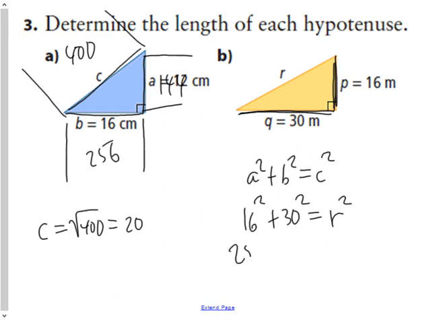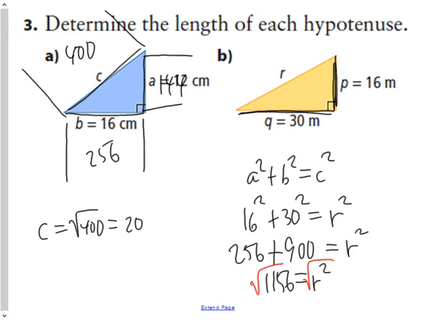16 squared is 256. Now, some people think that 30 squared is a hard one to do, but it's not. Just do 3 squared, which is 9, and double the number of zeros. So there's 1 zero, so I'm going to double it to make it 900. Equals r squared, 9 squared. 1156 equals r squared. And I'm going to square root both sides.